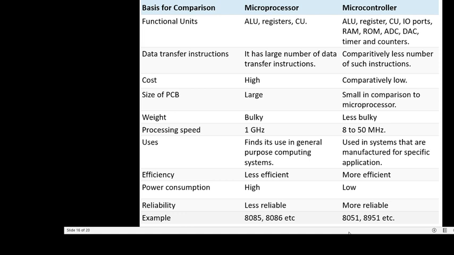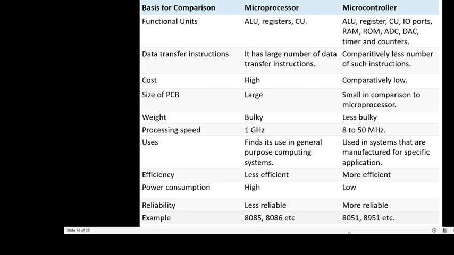When we think about the uses, the microprocessor is normally used in computing systems, but the microcontroller is used for specific applications. Efficiency is less in the case of the microprocessor, but microcontroller efficiency is more. Power consumption is very high in the microprocessor as compared to the microcontroller. The microprocessor is less reliable as compared to the microcontroller.